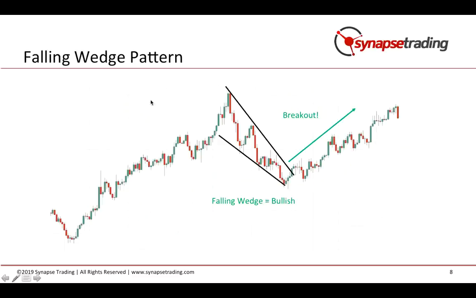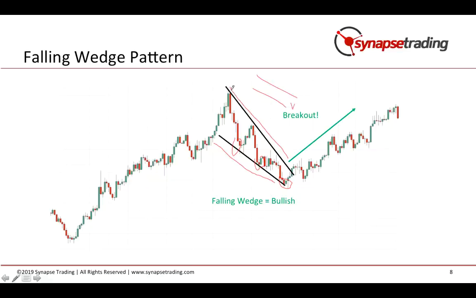Okay, the same theory applies to the falling wedge. So you see that every time it makes a new low, it actually gets weaker and weaker. How you can tell that it's getting weaker is because you can see that the two different lines have different gradients. If they are both sloping in parallel, then you know that the strength is the same.